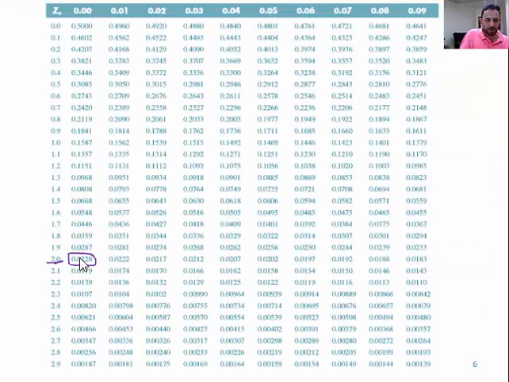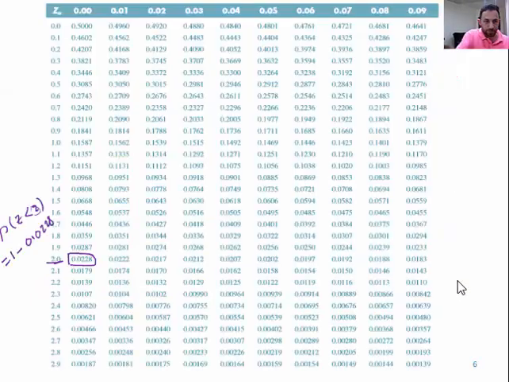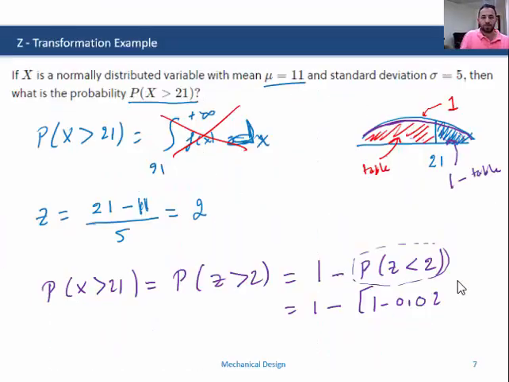So for the probability of z less than 2, it is 1 minus 0.0228, which is equal to 0.0228.